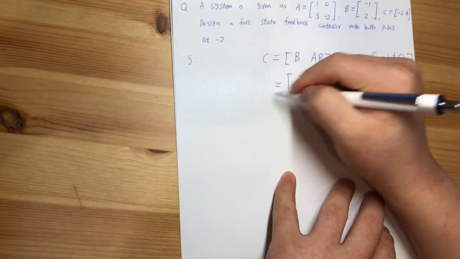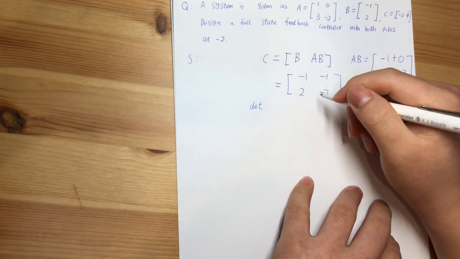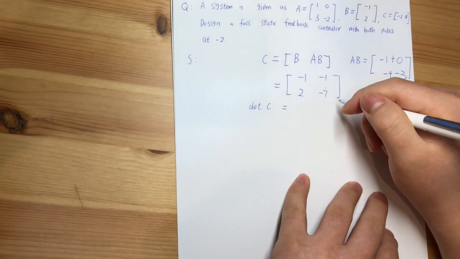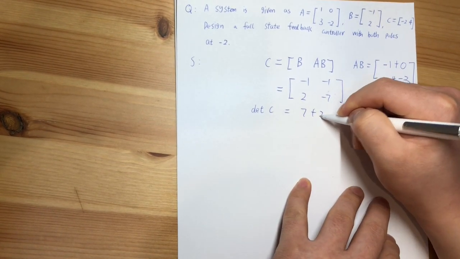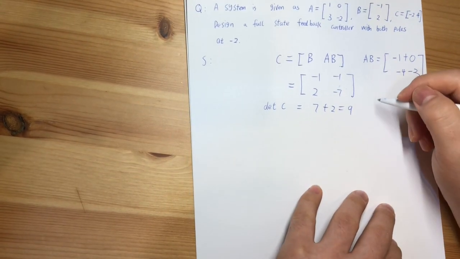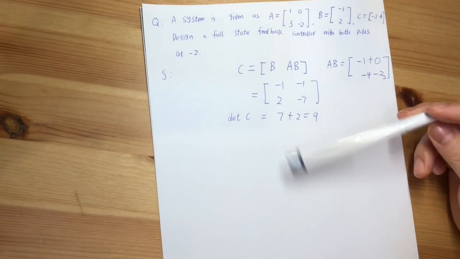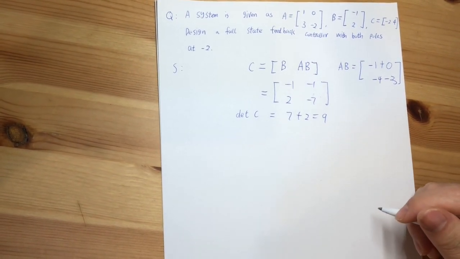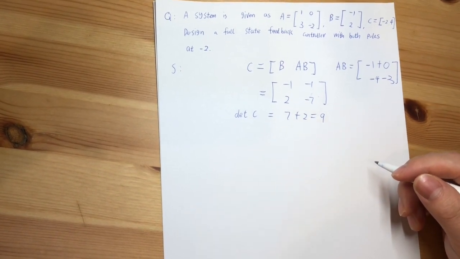And then we can calculate the determinant of this matrix, which is equal to 7 plus 2, which is 9, a nonzero constant. So we can see the system is controllable. And then we can design the controller with several methods.